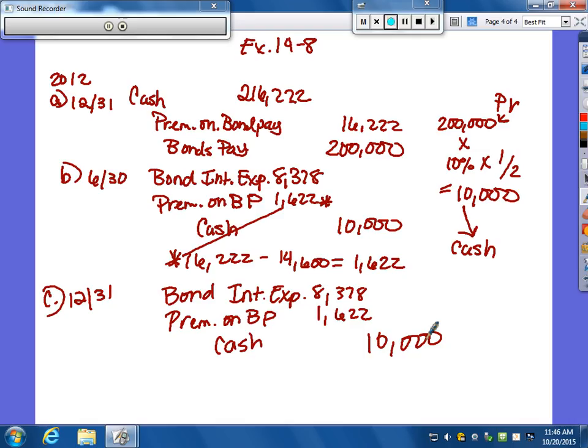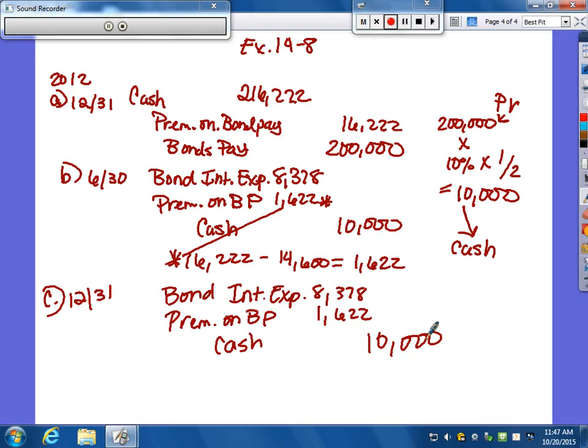If it is a discount, in your journal entry you credit discount on bonds payable. Second step, subtract the unamortized from the premium or discount given to find out what part of it is going to go towards the interest payment.